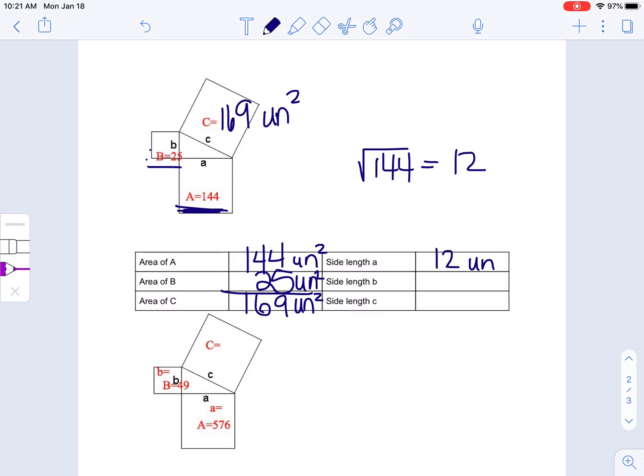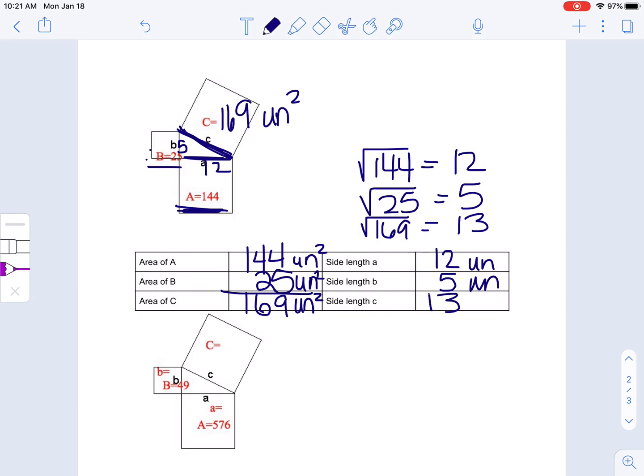So that side of that square is just 12 units long, right here. Side length B would be 5 units because the square root of 25 is 5. And then the side length of square C, well, the square root of 169 is 13. So this side of this square is 13 units long.